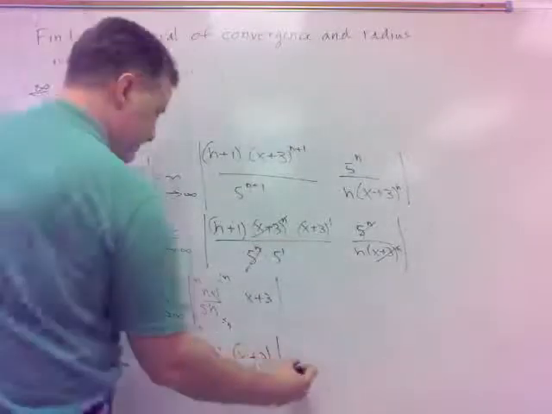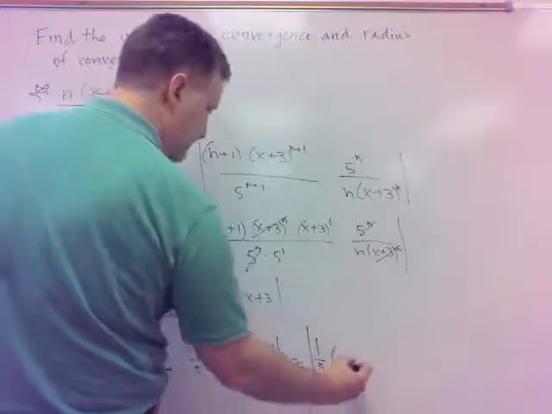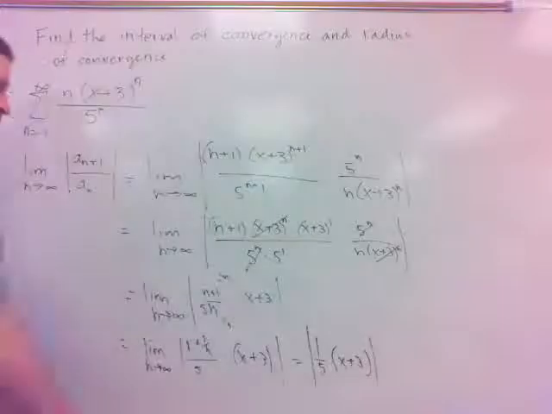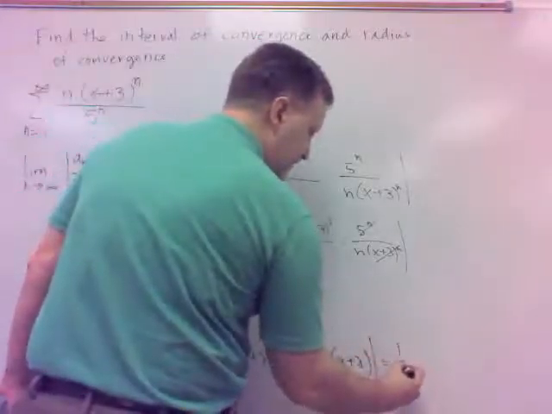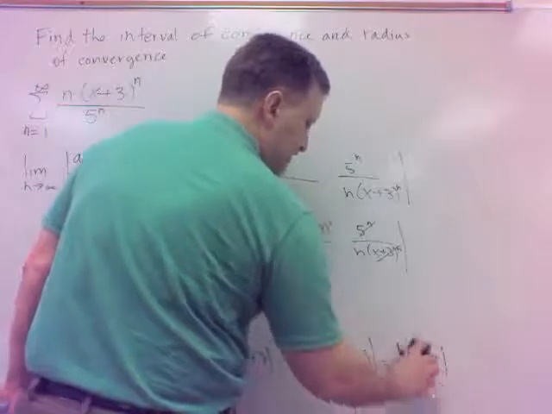So that's going to go to 1/5 times the absolute value of x plus 3, and you can pull the 1/5 out of the absolute values.